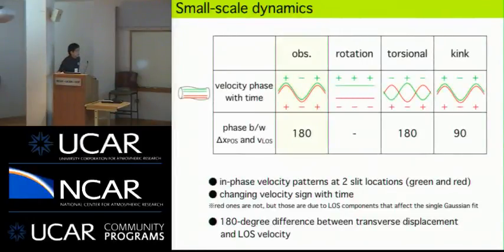So let's think about what kind of motions most likely happens in this prominence, in this thread. These are observational facts. The velocity pattern at the top and the bottom of this flux tube is in phase, but the transverse displacement and velocity patterns, these velocities have an antiphase.